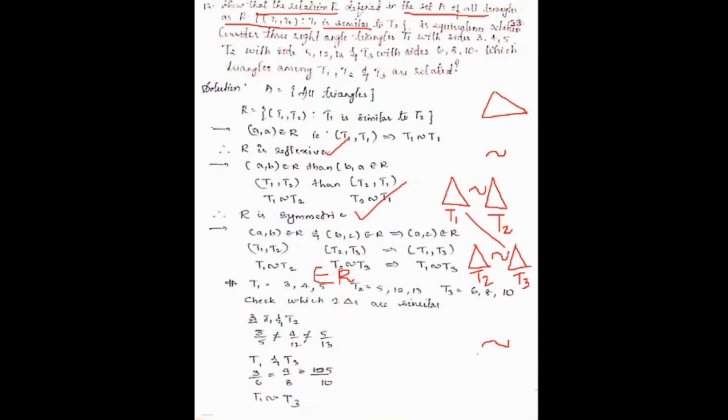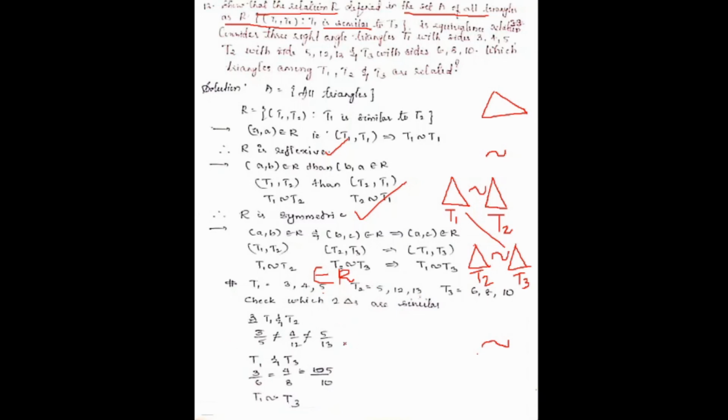In the second part of the question, the side ratios of T1, T2, T3 are given. T1 is 3, 4, 5, T2 is 5, 12, 13, T3 is 6, 8, 10. We'll first check for T1 and T2: 3 by 5, 4 by 12 and 5 by 13.